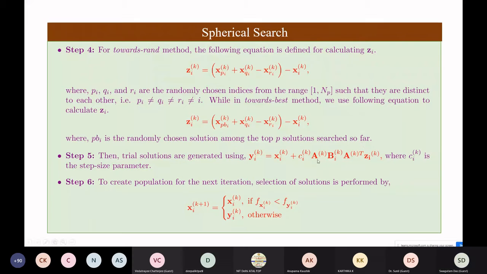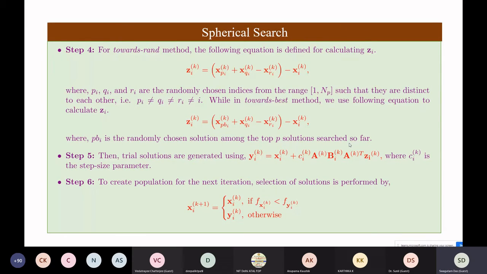To create the population for the next iteration, the selection of the solutions is performed by this equation. This is simple one-to-one competition. In the next iteration, we just see if xi is better or yi is better. The original solution was xi. If xi is better, what is meant by better?